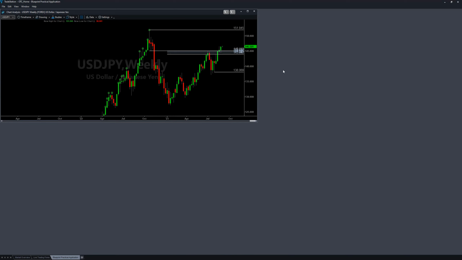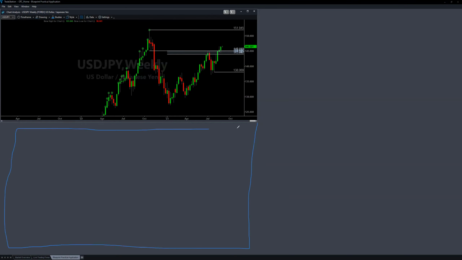Then you can open also a new one here, and add the drawings. This will be your direction. And don't forget, higher time frame location, higher time frame direction.